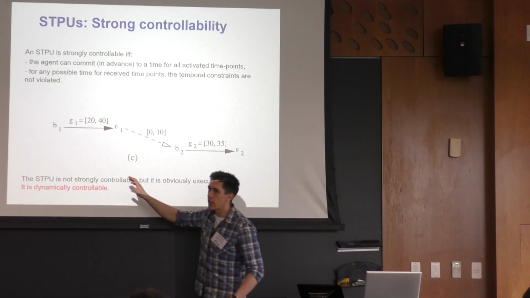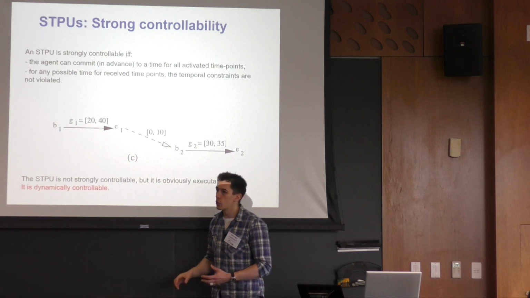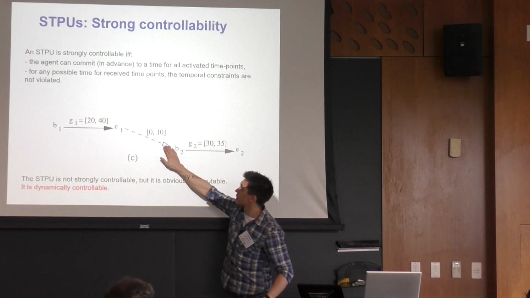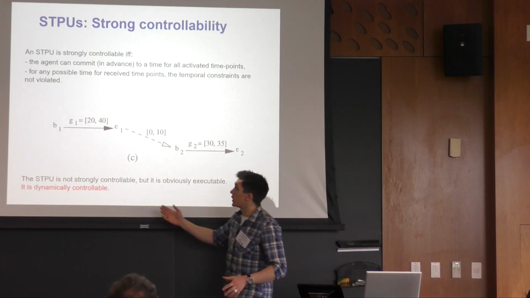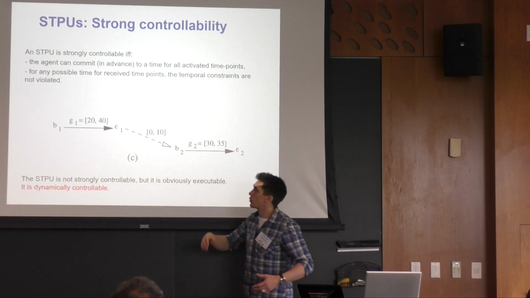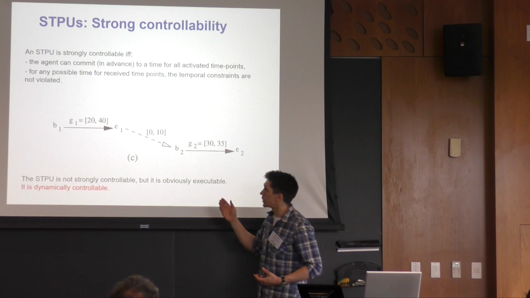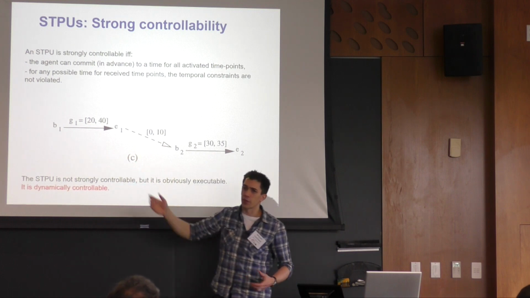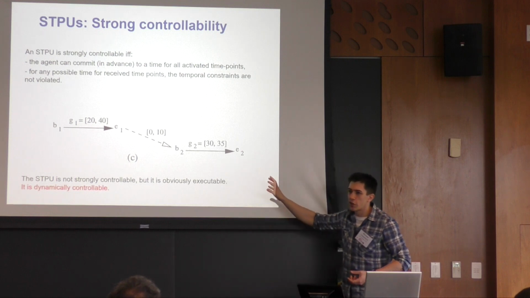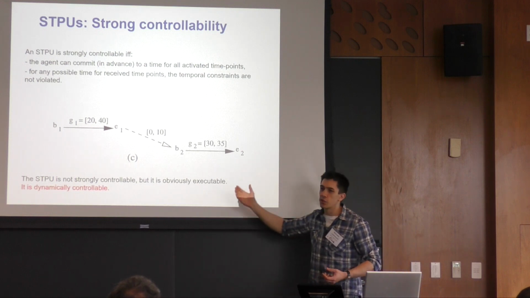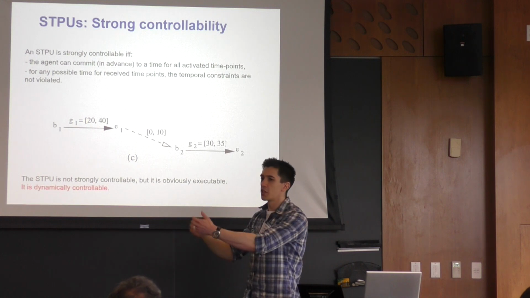The quickest the AUV will reach the structure is in 20 seconds, and in that case we can't start inspecting any later than 30 seconds into the plan. The slowest the AUV might be is 40 seconds, so we can't start in that case inspecting before 40 seconds. But these are disjoint intervals. So this is not a strongly controllable plan, but it's obviously an executable one. It's simple to execute. Move to the structure. When you reach the structure, start inspecting it.